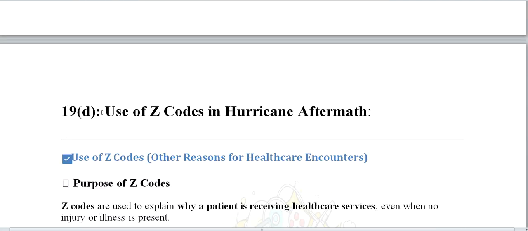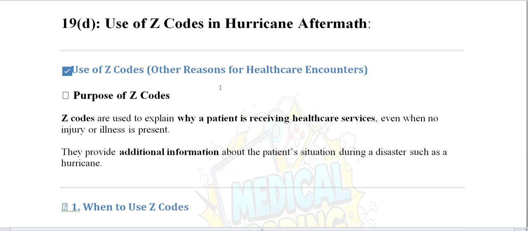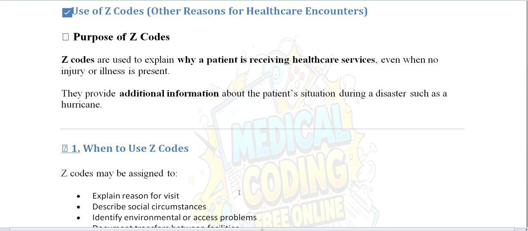Section 19D: use of Z codes in hurricane aftermath. The use of Z codes in other regions' healthcare encounters. Purpose of Z codes: Z codes are used to explain why the patient is receiving healthcare service, even when no injury or illness is present. They provide additional information about the patient's situation during a disaster such as a hurricane.